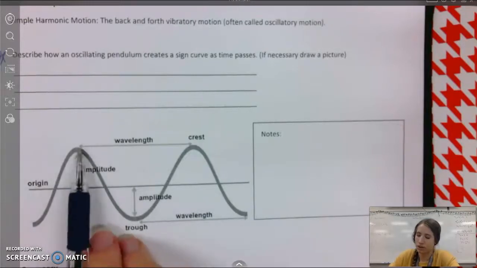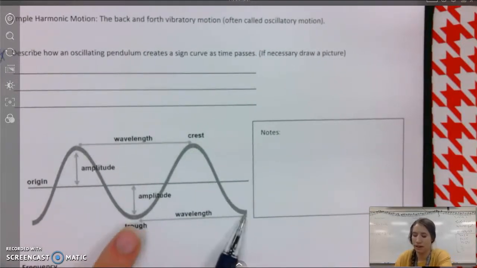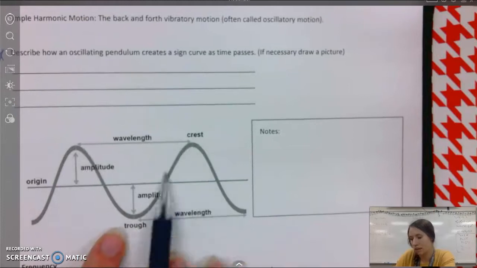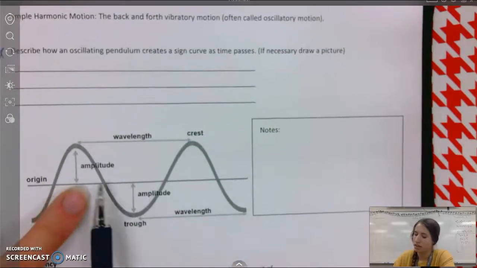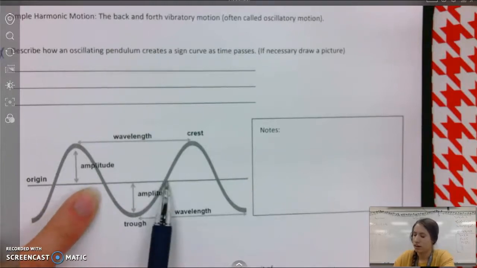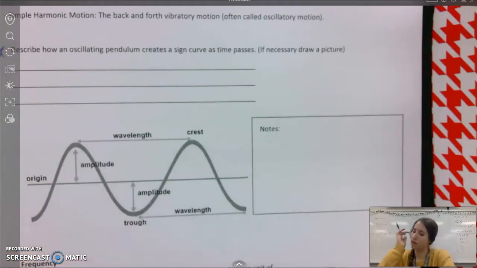And so we can go from peak to peak or trough to trough, and that would be an entire wavelength, the distance it takes to complete that entire motion. And so that's why from node to node, that is not a complete wavelength. Okay, so peak to peak, trough to trough.